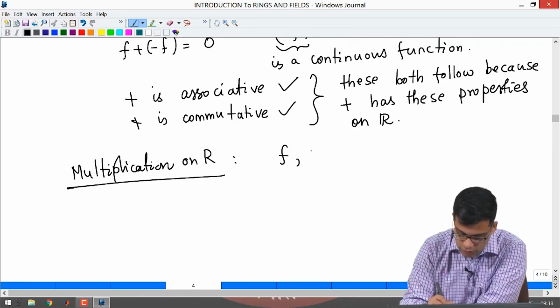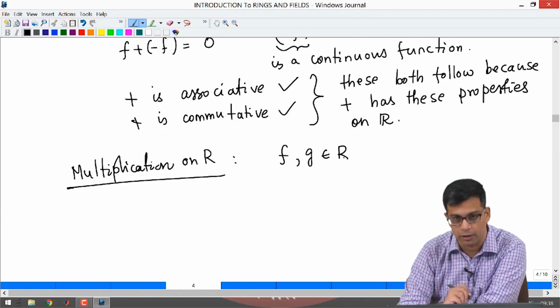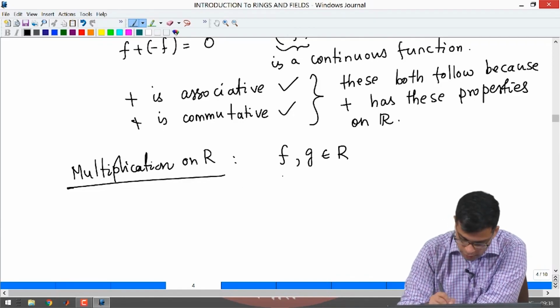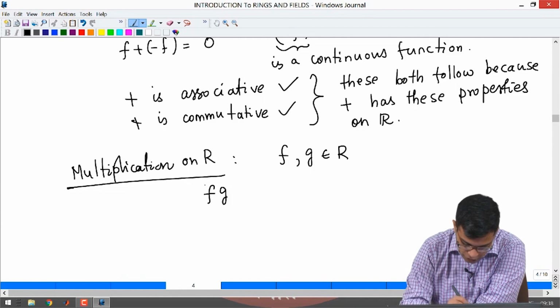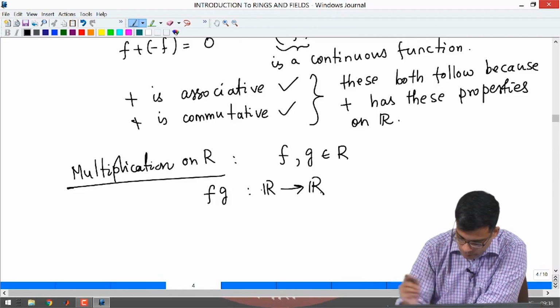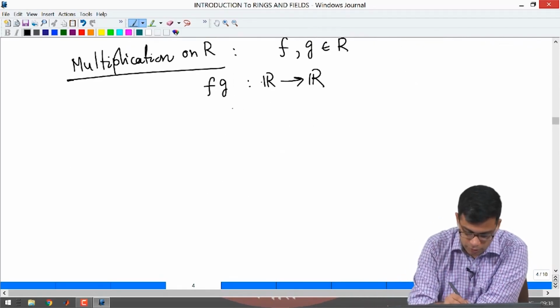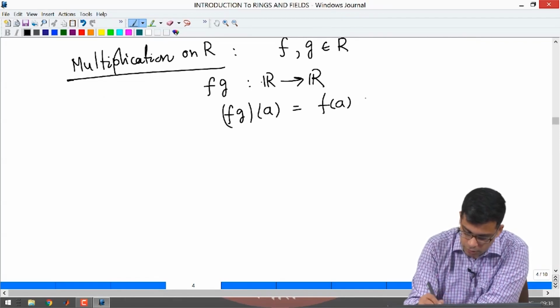Exactly the same way. So, let us say that we defined addition. Let us say f, g are in R. How do you define f g as a continuous function from R to R? You take f g of a to be f of a times g of a.